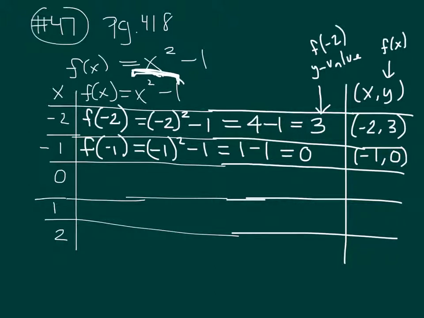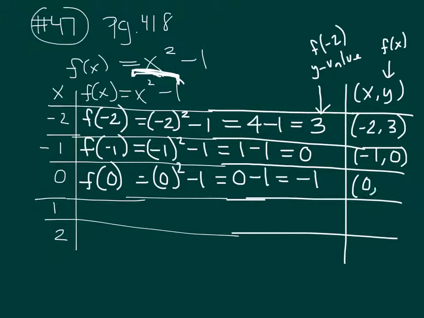And similarly, we can do this for f of 0. So that's 0 squared minus 1. Well, 0 times 0 is just 0 minus 1, which is -1. So if x is 0, then y is -1. And similarly, f of 1.